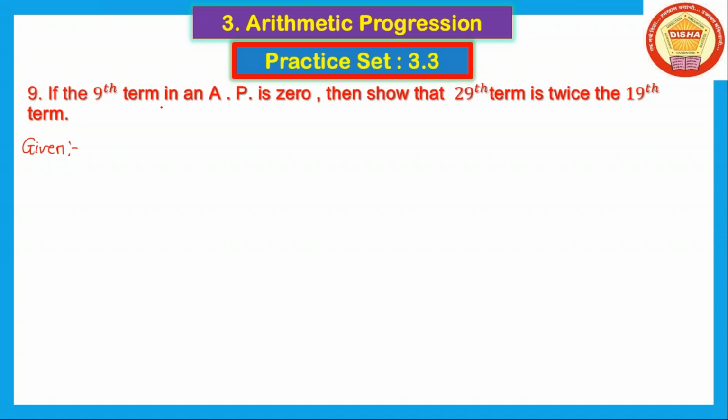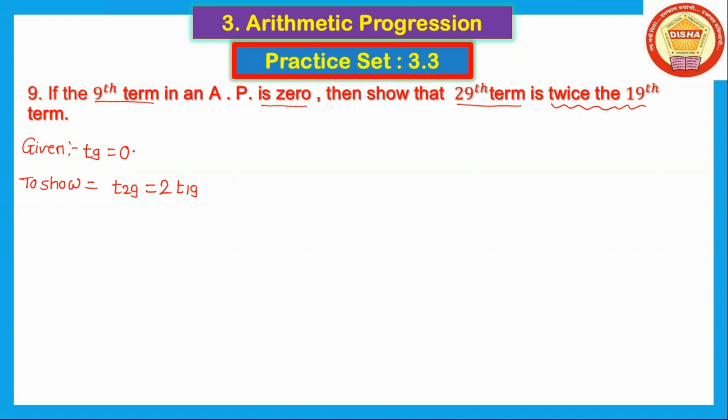So we write here 9th term is 0, means T9 is equal to 0. This is given. And to show, what to show here? To show that 29th term means T29 is twice the 19th term.